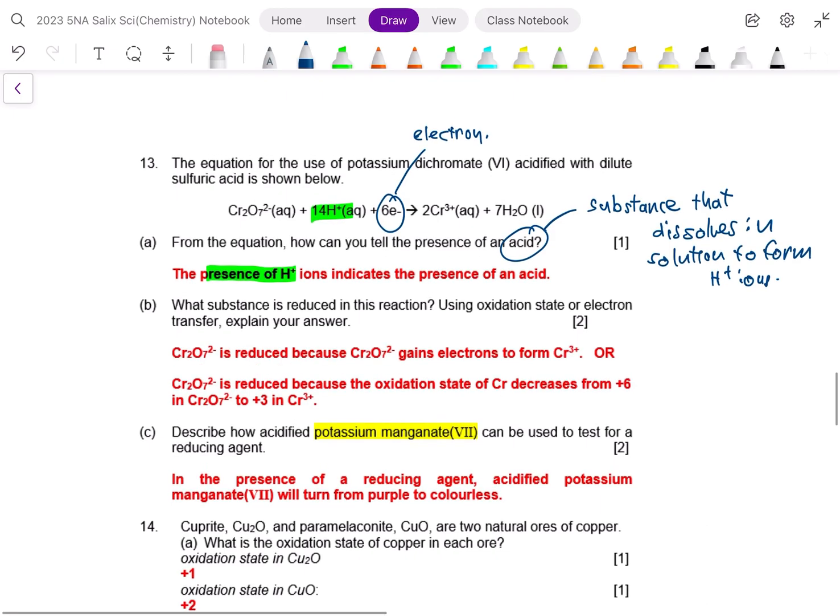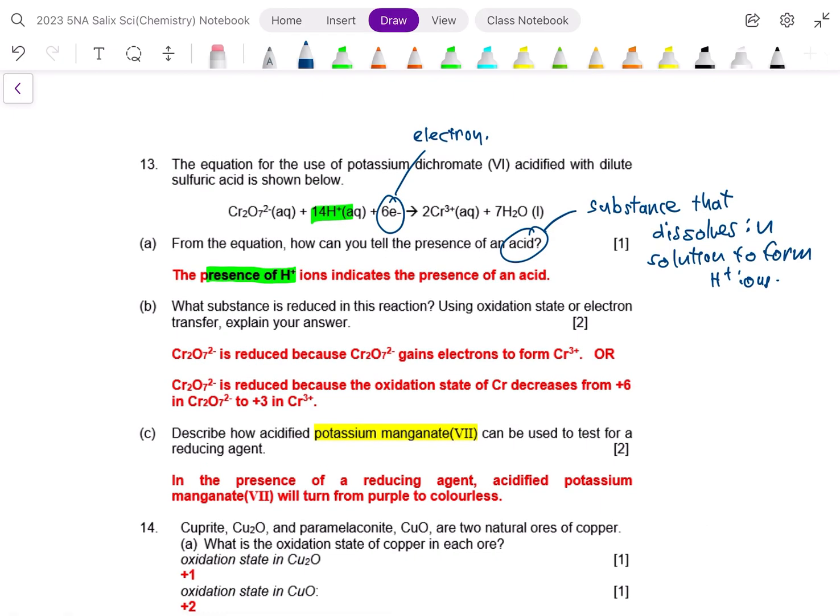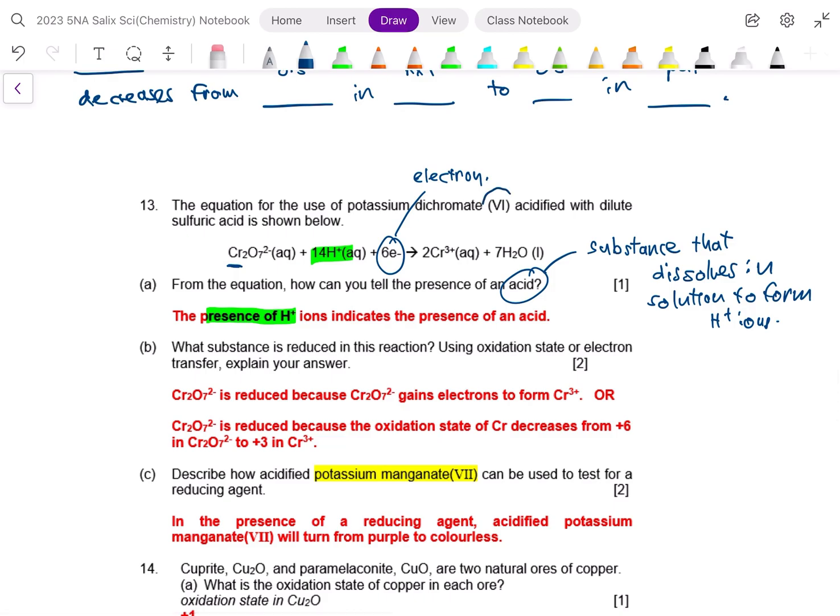Alright, okay, let's look at 13B. So what substance is being reduced, using oxidation state or electron transfer? Let's have a look at the oxidation state of the chromium. Actually, down here is literally the oxidation state. Very simple. This one is 2x because there are 2 chromium, and 7 oxygen, each one -2, overall equals -2.